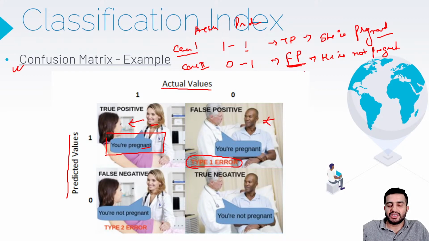Can you see this? This case of false positive is also called type 1 error. That means the case where I have predicted one class, but in reality that is not the case. That is where we find it as false positive. Cool. So would be happy to take any questions if there are any, guys.